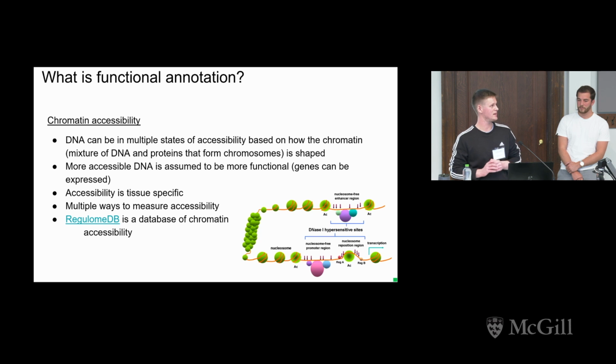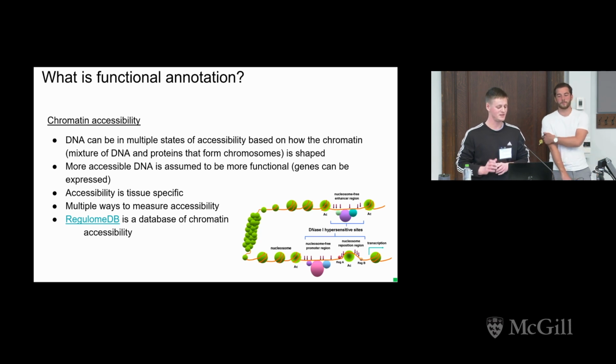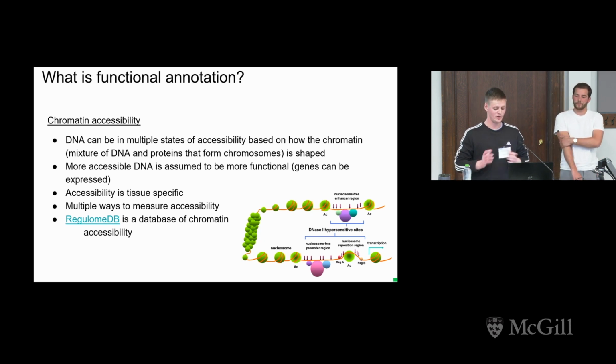Chromatin accessibility is a separate thing from chromatin interaction. Chromatin is a mixture of protein and DNA that's how your DNA is stored in your cells, and it can come in various levels of accessibility. If it's tightly wrapped around proteins, it is less accessible to things like transcription factors or polymerases.